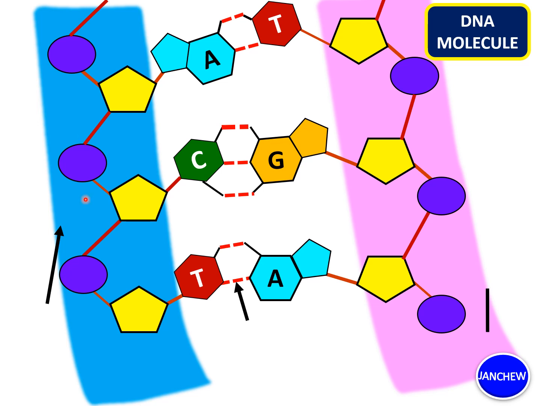So this is the sugar, this is the phosphate group, which is joined to the sugar, and then phosphate group, sugar, and so forth. On this side is the same. This is the other polynucleotide chain or strand, but it's facing downwards. The pointed end of the sugar is facing downwards, whereas this is upwards. Okay, so we say that these two strands are anti-parallel to each other.